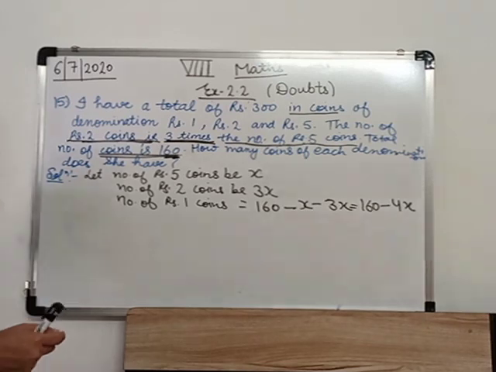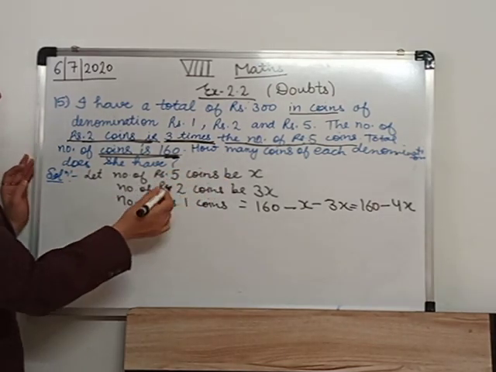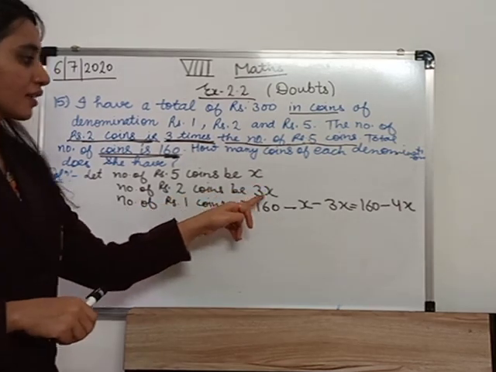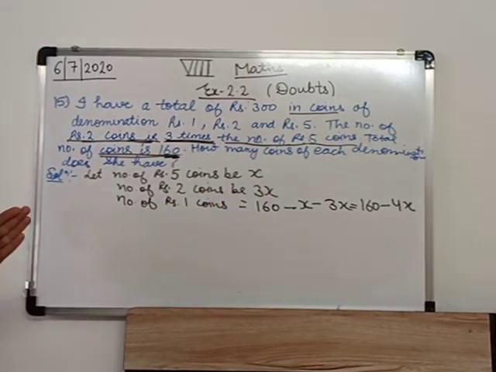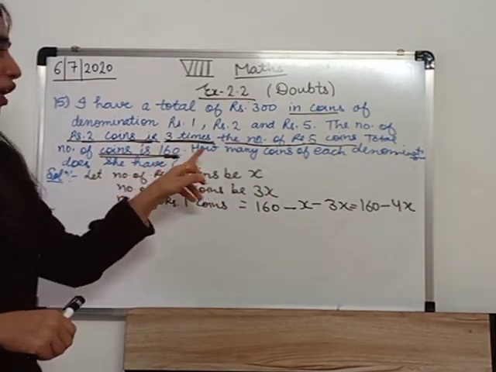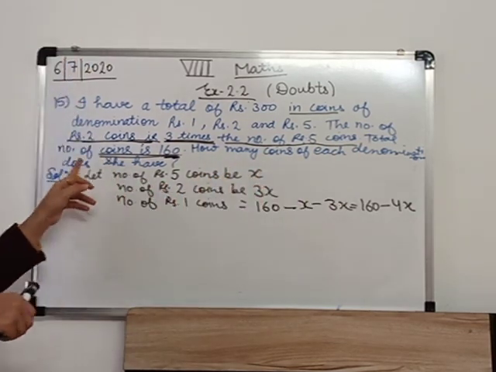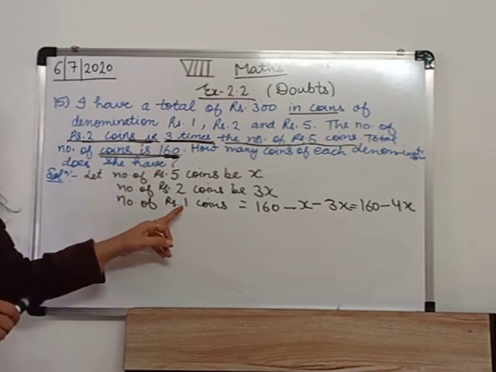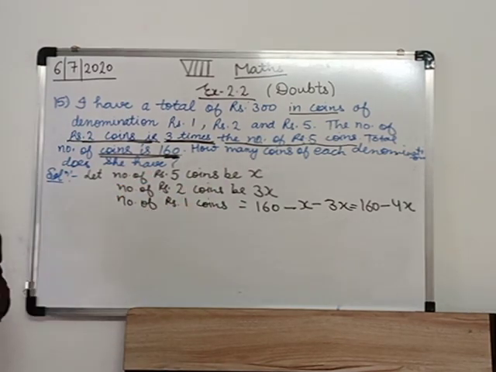Understood? So these are the number of coins. Now we have to find the value of x and then find how many coins of each denomination she has. We can find the number of coins of each denomination.